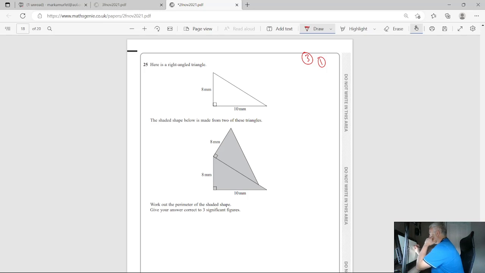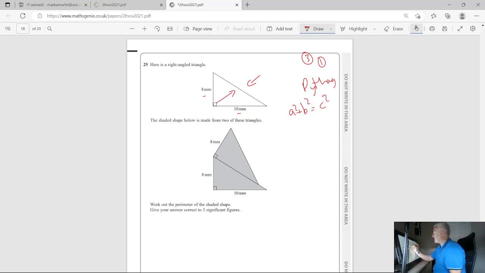So what do I know? What do I see? I can see that it's a right angle triangle. So I'm thinking two things. I'm thinking Pythagoras or I'm thinking trigonometry. I haven't got any other angles in there, but I have got two sides that I know, so I know it's going to be Pythagoras. So a squared plus b squared equals c squared.